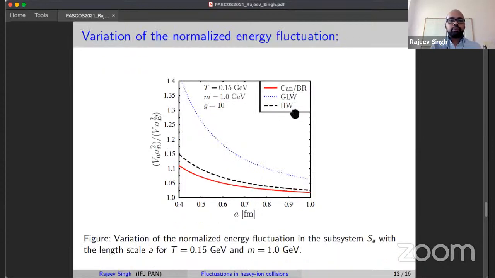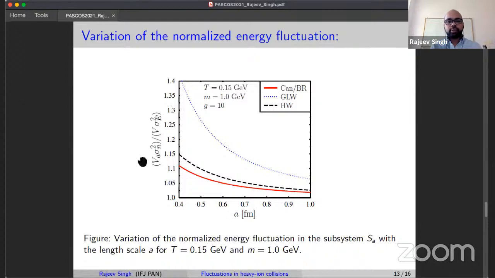The other plot which I'm going to explain is because one can question the expression which you found for the quantum fluctuation: how do you know that it is correct?